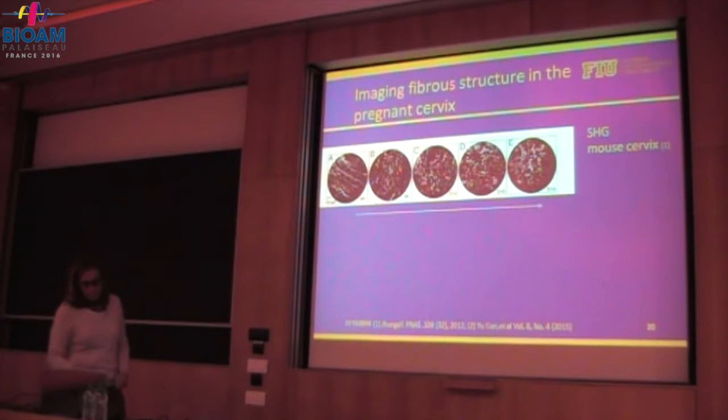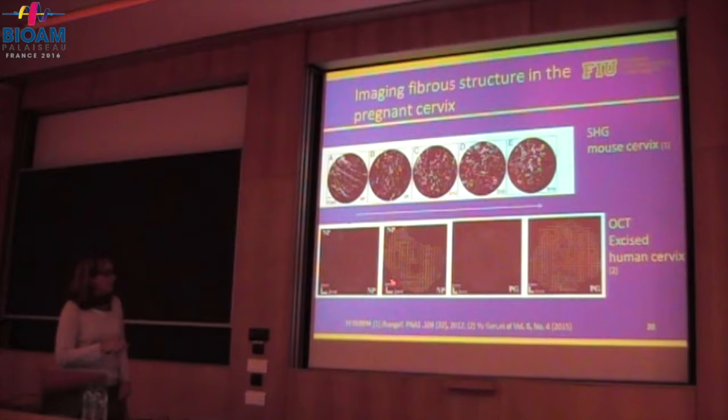And they've shown this beautifully with second harmonic generation. And other groups, particularly the groups of Myers and Gunn, have shown that OCT can also be used to look at the cervix and find this dominant orientation of the fibrous structure, which is, again, mostly collagen and muscle.